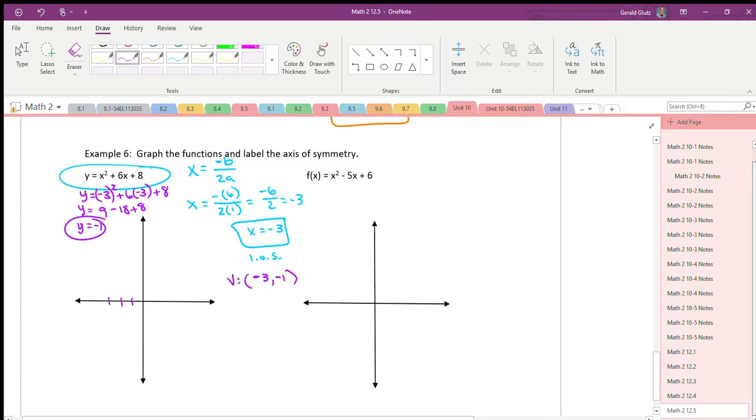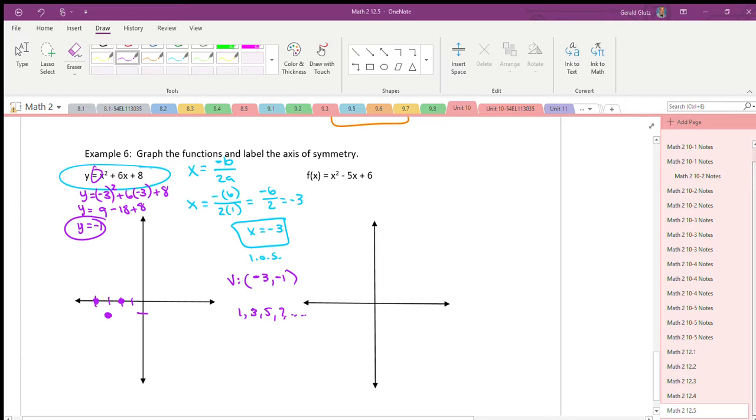So I go left 3, down 1 to get to the vertex. I'm going to use that little pattern: 1, 3, 5, 7, and so on. Our a value is 1, so I multiply all these by 1, which means they stay the same. So I'm going to go up 1, right 1. Same to the left.